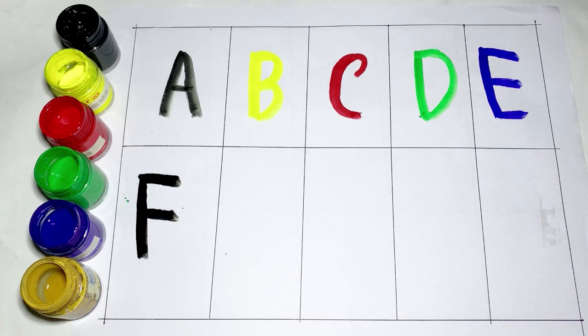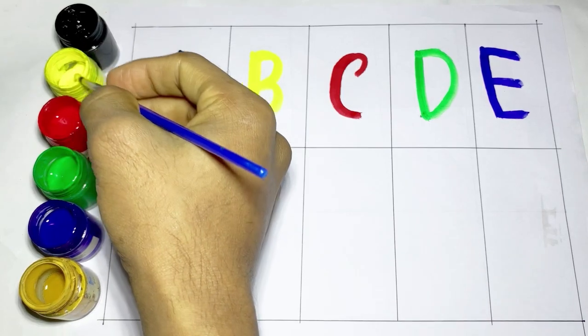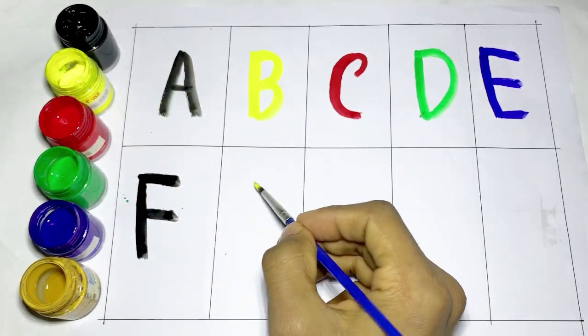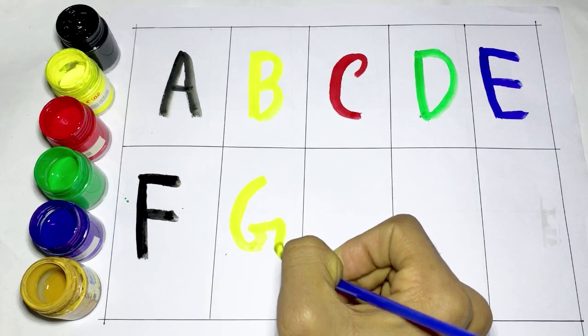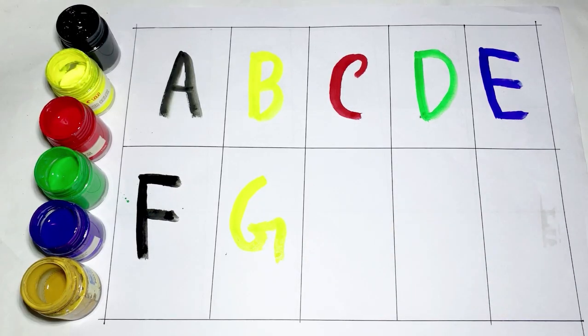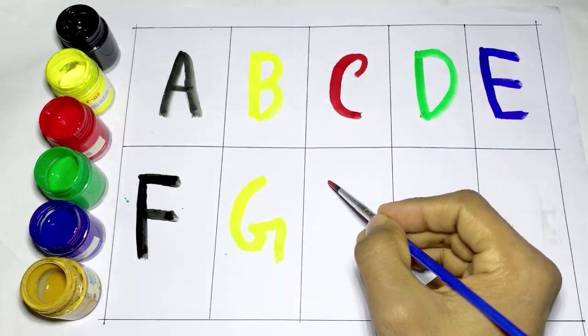Kids now G. G for God, G for grapes, and use yellow color. The alphabets of G. Kids now H. H for hand, H for helicopter, and use red color.